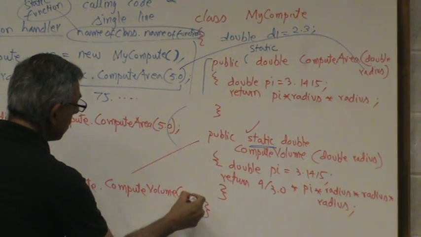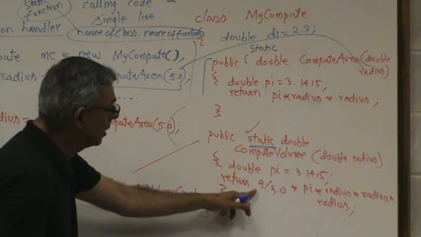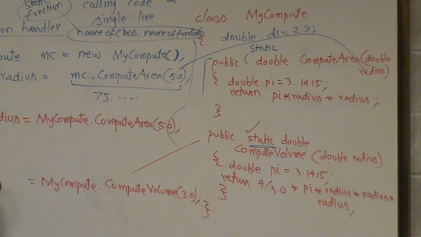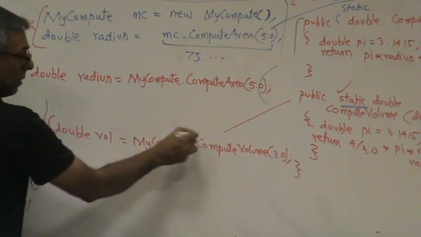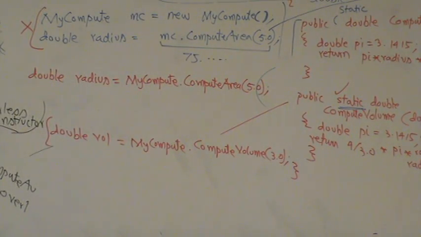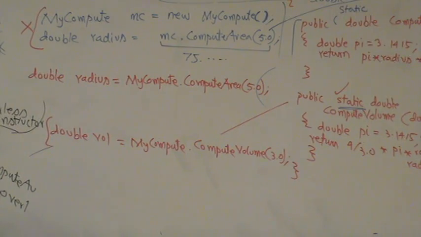Suppose somebody wanted to call it with a radius of 3.0, and because it returns a double, we can store the result something like this, double volume. So one line of code will end up successfully calling this function. Everybody agrees? Yes.